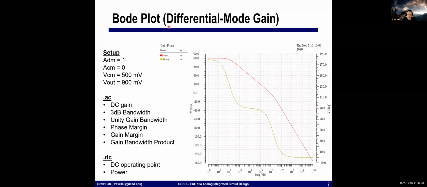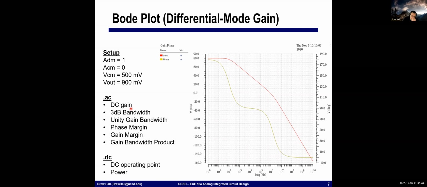All right, so now if I wanted to do the differential mode gain, my setup would be that ADM is equal to 1. The common mode gain, ACM, is equal to 0. I still have to put an input common mode voltage that is within my input common mode range. And then the output I'm just setting to mid-rail right now, 900 millivolts.